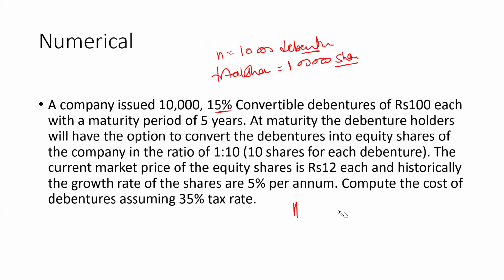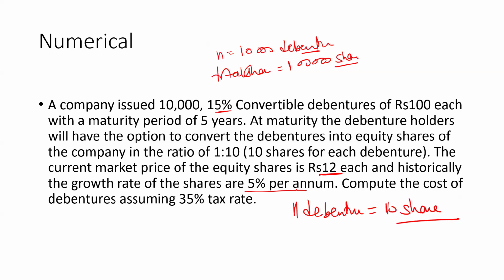If I convert that one debenture into equity, then I'll get 10 shares of the company. Okay, the current market price of the share is 12 rupees and its growth rate is 5%.